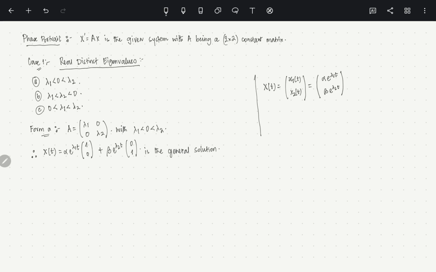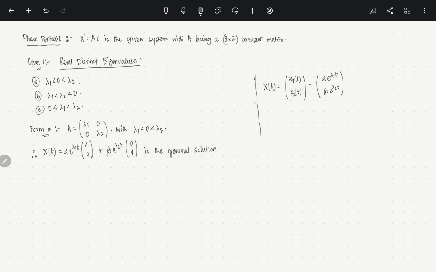So essentially you are looking at a curve which depends on t. This is a parametric curve. What we want to do is look at how these solution curves look on a two-dimensional plane. These are called planar, that's why it's called a planar system. So how do these curves look?